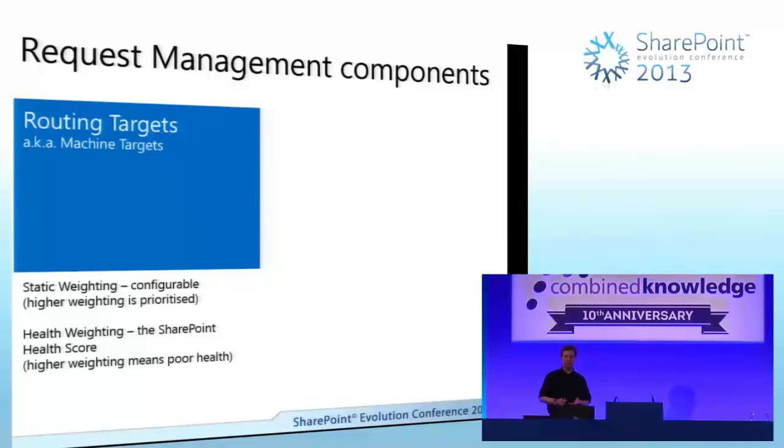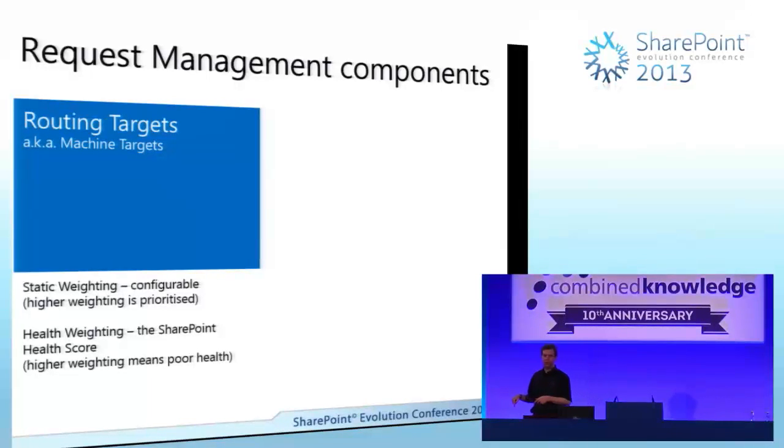And these guys have two properties. The first one is a static weighting, which is something we as administrators set. So if we wanted to, we could say server A is more powerful than server B, and therefore will have a higher weighting. Then there's the health weighting, which is not under our control, or not directly at least, and this is the SharePoint health score. And this is the other way around.